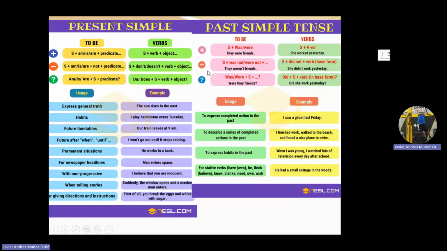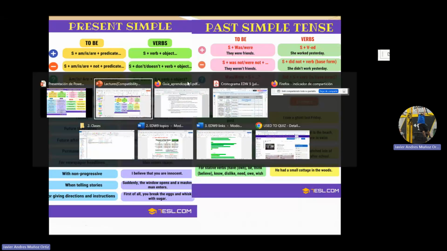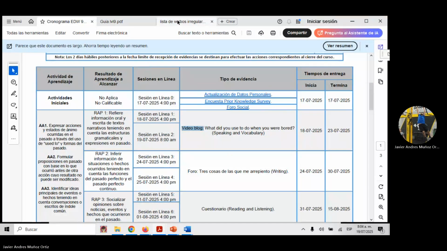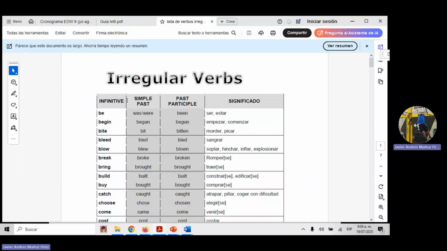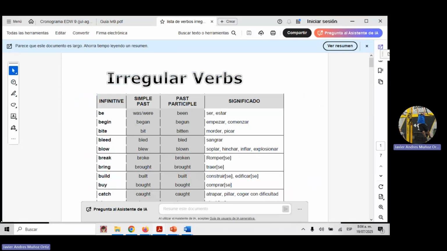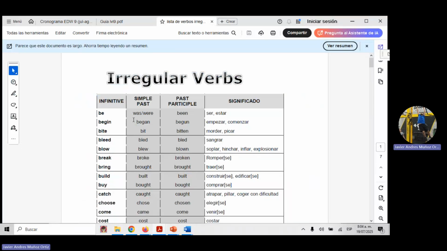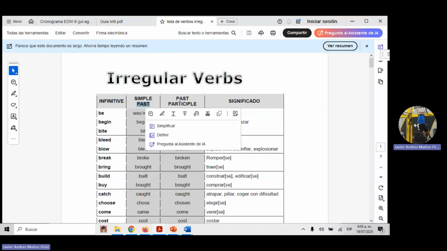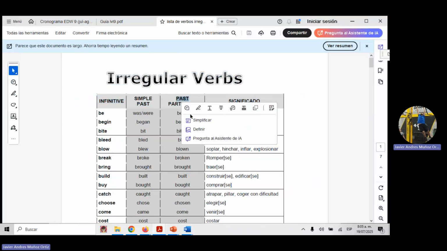On the other hand, we have other verbs, which could be regular or irregular. To talk about the second section, we need to remember that both regular and irregular verbs have a specific conjugation. We have the infinitive form, or non-modified form, if you prefer, the simple past tense form in the second column, and in the third column we have the past participle.